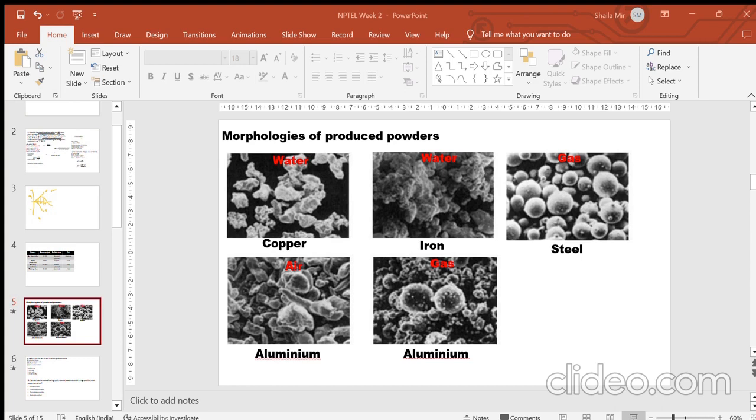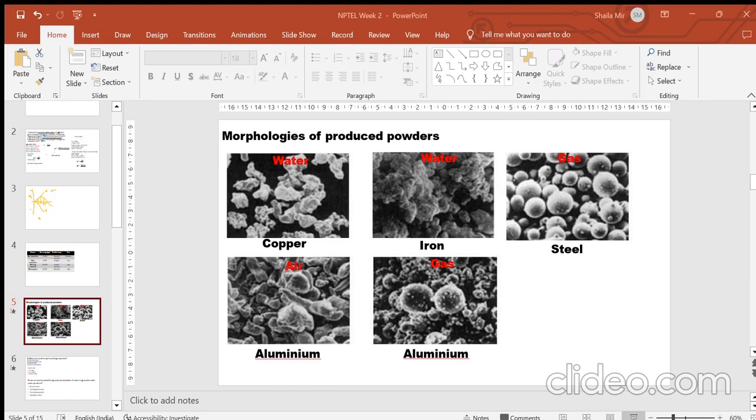What is the condition that I should keep for coarse particles in water atomization? Low velocity. Low velocity, why? The cooling rate.